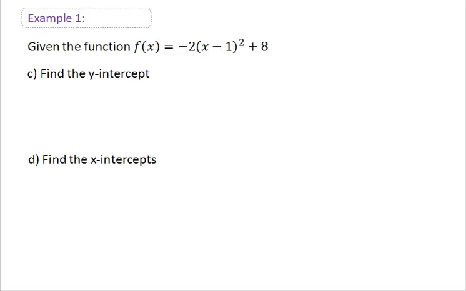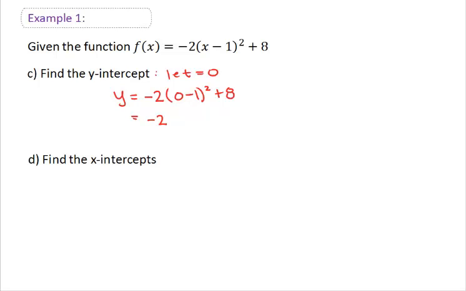To find your y-intercept, you let your x value be 0, and you're going to solve for that equation there. So y is equal to -2 times (0 minus 1) squared plus 8. So -2, this is (0 minus 1) squared.